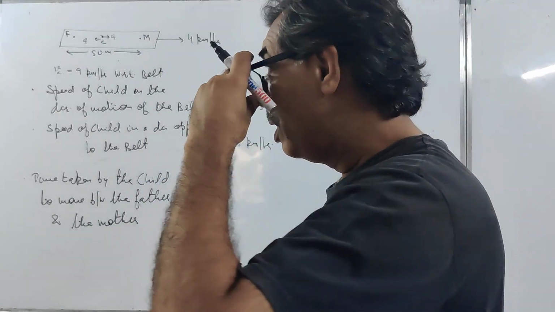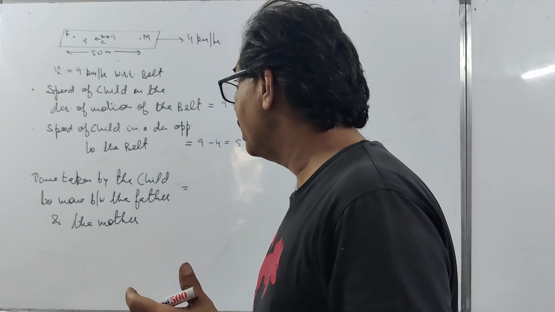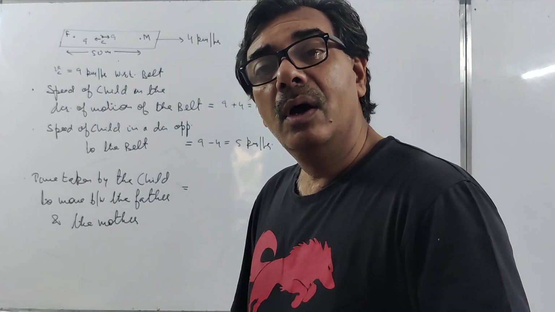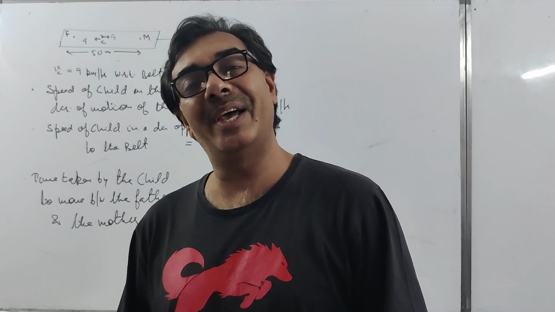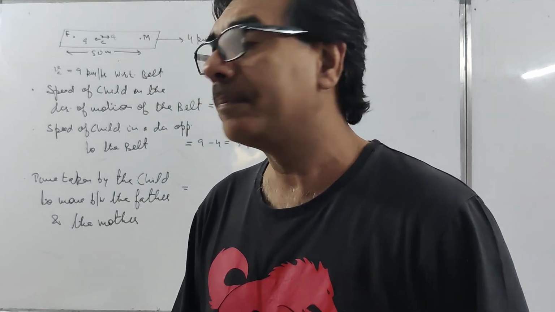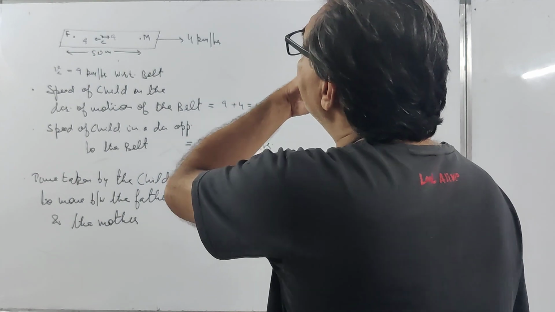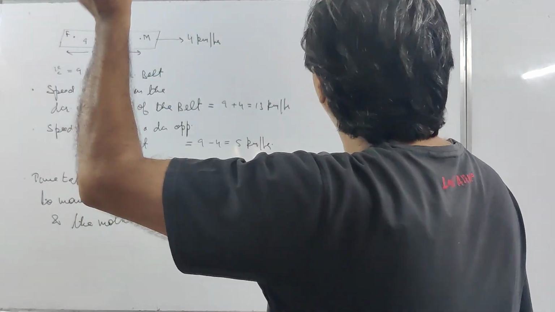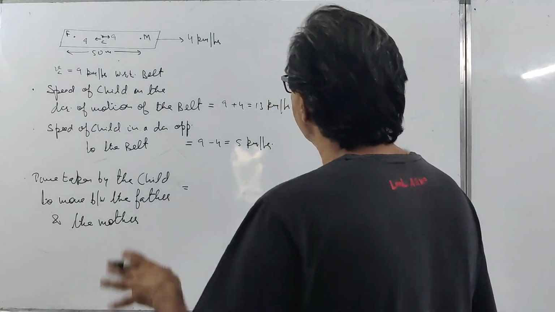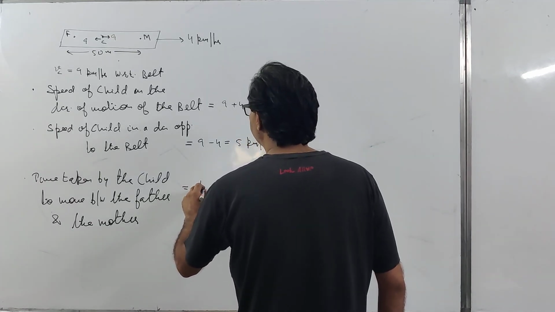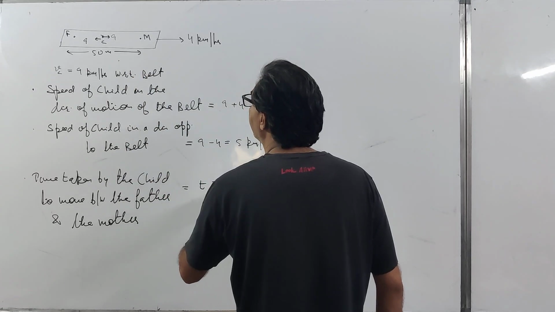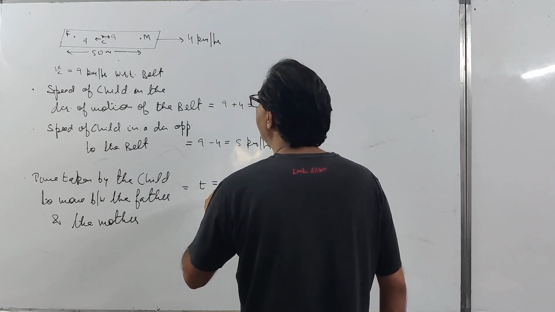You know why? Because the father, the mother and the child are all, well, we are also on the Earth, and we don't worry about the speed of the Earth. So if the train is moving in the same direction, the father, mother, child are in the same frame of reference. Thus, the time taken is going to be t equal to simply the distance between them, which is 50 meters.